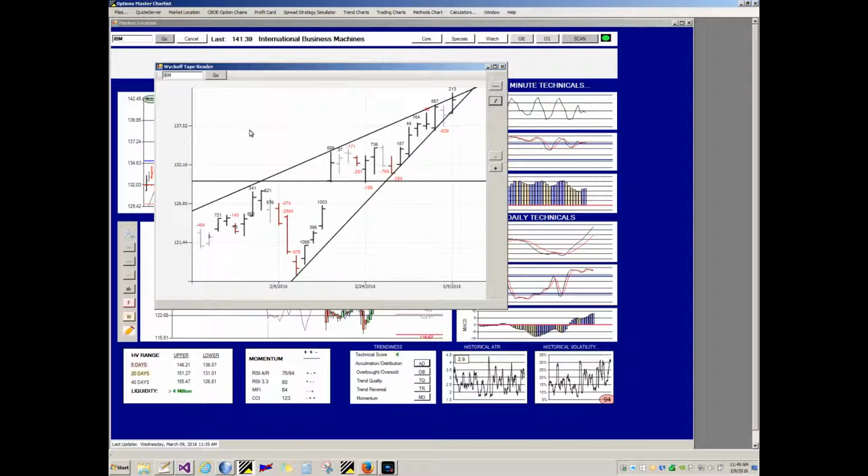And one of the prime concepts that Wyckoff taught was something called the shortening of the thrust. And you can see that by the converging trend lines. We call it a wedge. Wyckoff didn't call it anything other than shortening of the thrust. But that often happens prior to a change in direction.